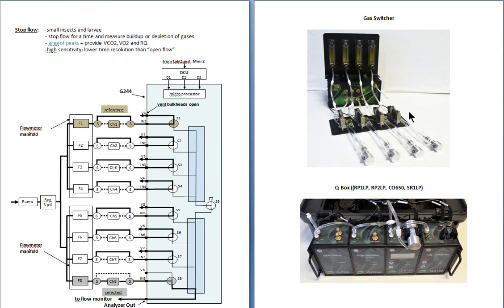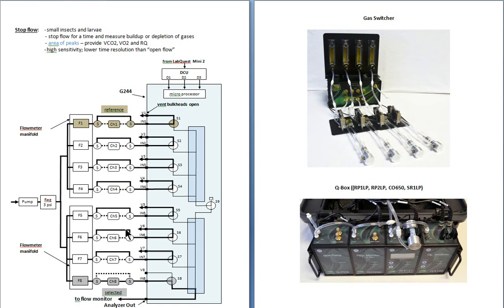The state of the solenoid determines whether the gas is bypassed or pushed through the chamber, depending upon whether they're activated or not. Non-activated solenoids, the gas is bypassed. Activated solenoids, the gases pass through.